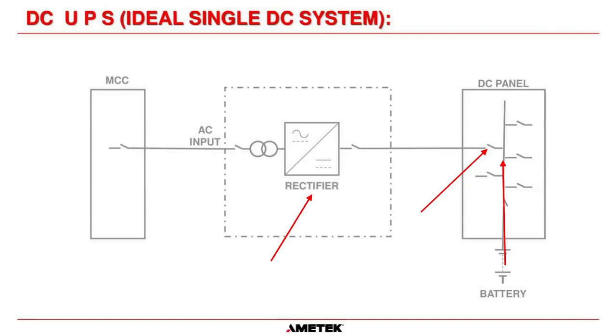And vice versa, you can also open the battery disconnect. If you're going to do a capacity test on the battery, you can connect in a temporary battery, disconnect the existing battery, and then close that breaker, and you can do a capacity test or even maintenance on the battery as well. So it's very good, gives you many options.